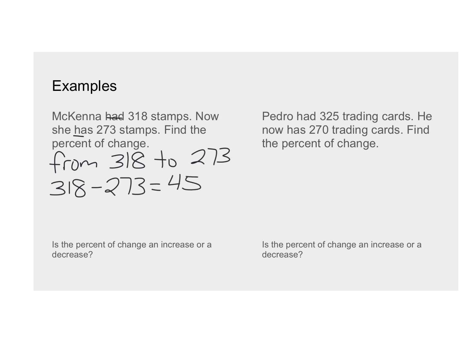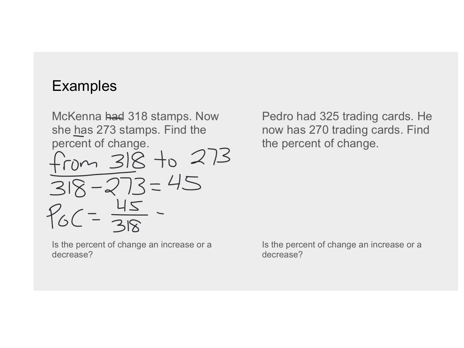Once we find that, what do we want to do? Use the formula, right? Percent of change is the amount of change, which we just found was 45, divided by the original. Do we just assume it's 318 because it's the bigger number? No, it has to be the original. So from 318, 318 is our original.